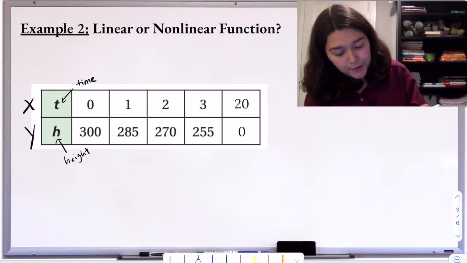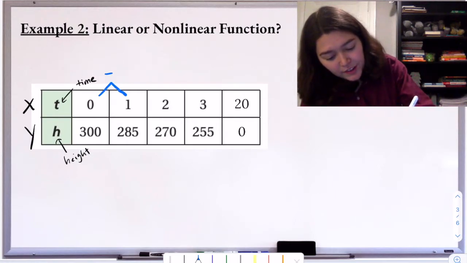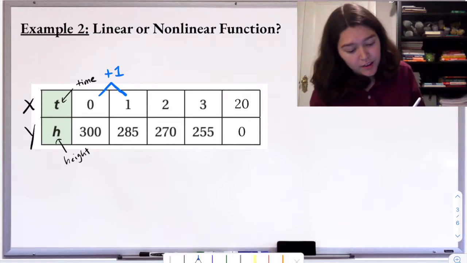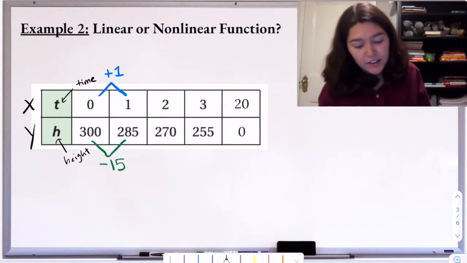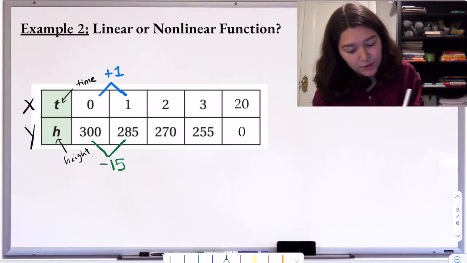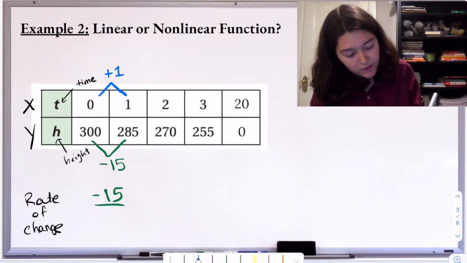So for example, when I'm going from 0 to 1, that is a change of 1. I'm going up 1. And when I go from 300 to 285, I'm subtracting 15. That's the difference in the height. Okay, that means for those two points, I have a rate of change of -15 divided by 1.